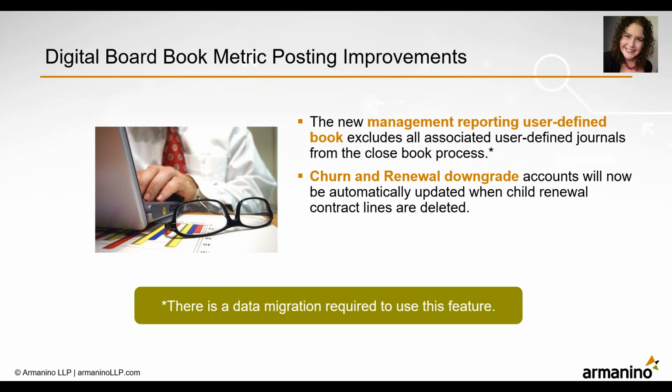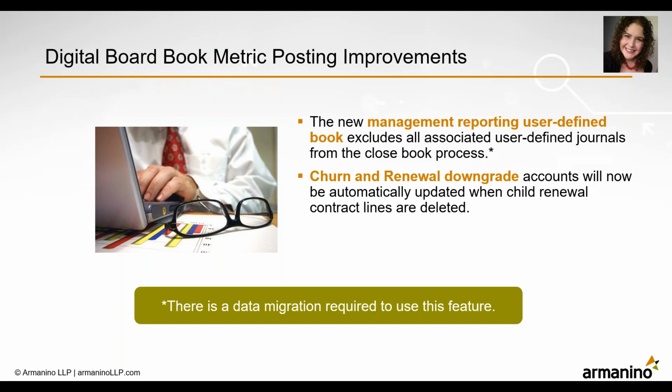Now the system will add a renewal downgrade or a churn entry, as applicable, depending on which one it was, to the source contract line when the posting date of the source contract line is after the original end date. This is consistent with how they calculate the renewal downgrade and churn when a contract line is not renewed. So it's bringing everything into alignment there.